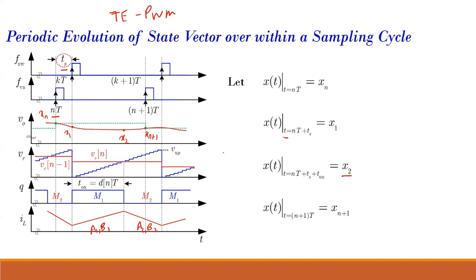Then at the end, at (n plus 1)T, this is my xn plus 1. So this is how my state is evolving in time, in either mode 2 or mode 1, and this is how I represent the state evolution over the entire switching cycle.